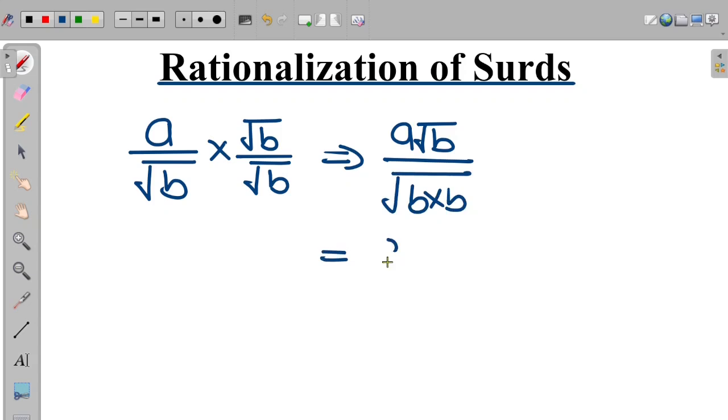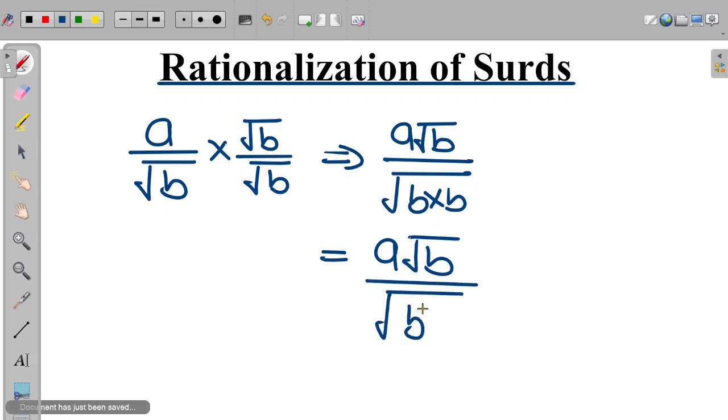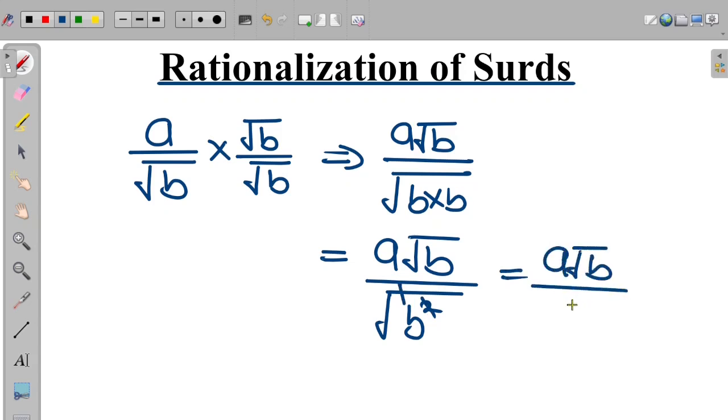This gives us a root b divided by root b squared, and we know that the square will take out the root, so this becomes a root b divided by b.